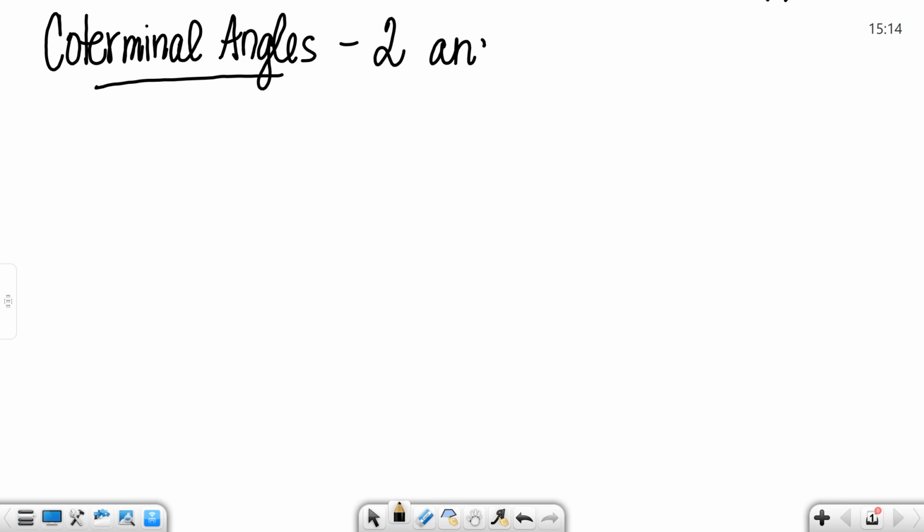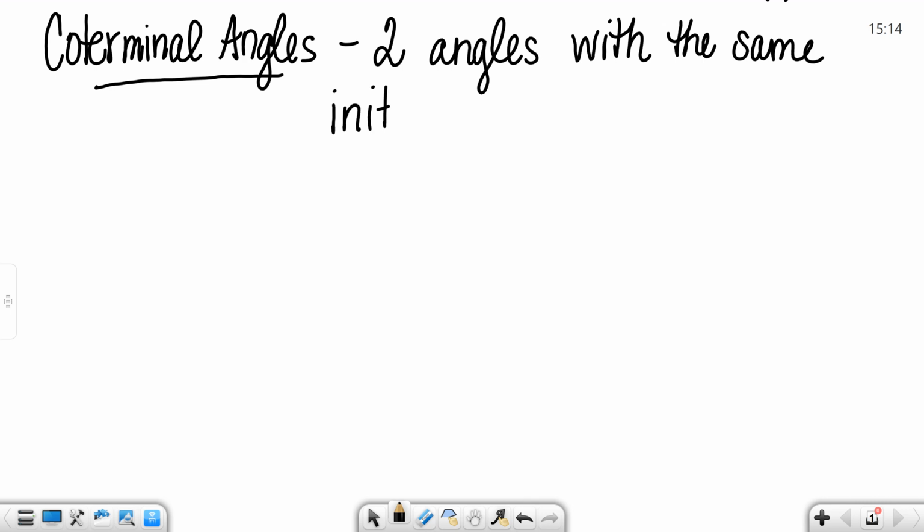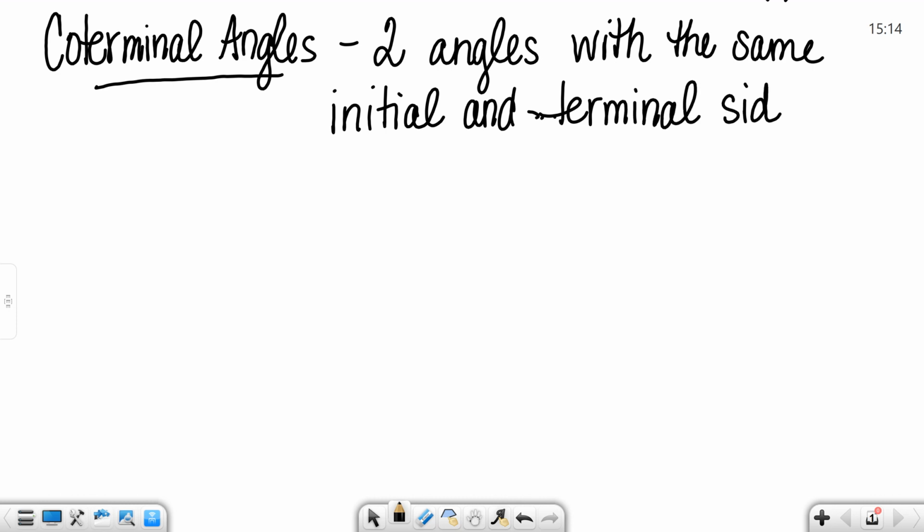Okay, they are two separate angles, but they have the same initial side and the same terminal side. And that sounds crazy. So let's look at what that might look like.